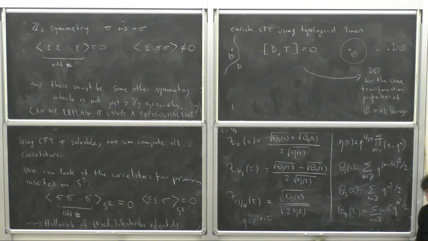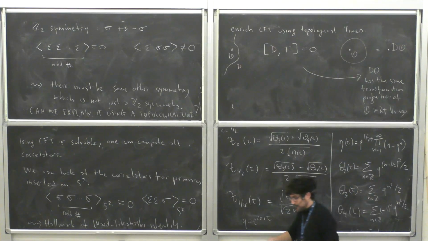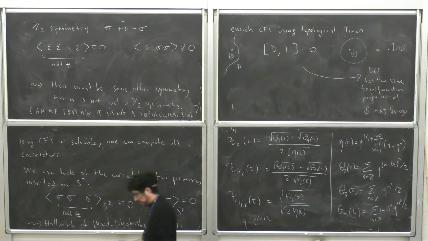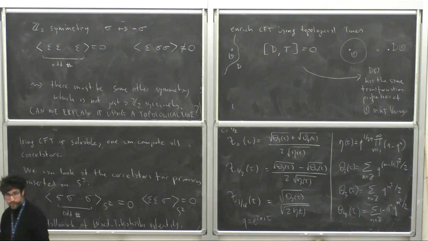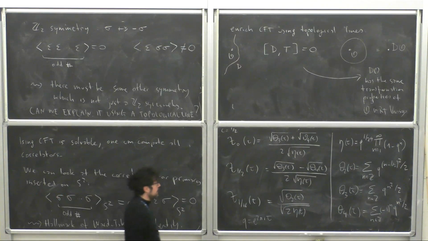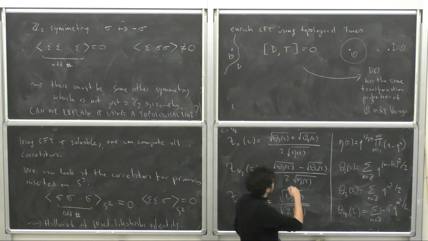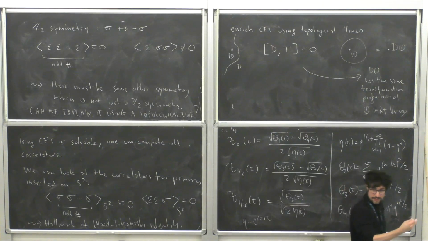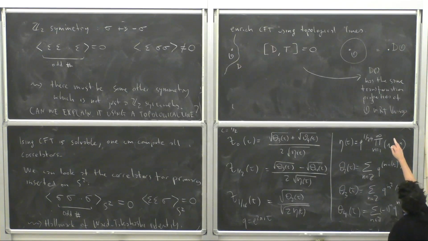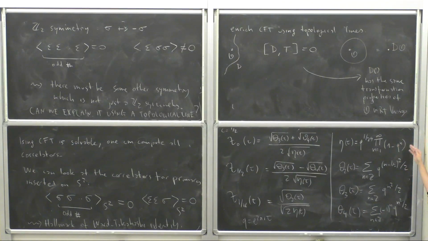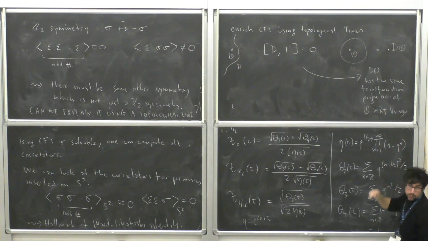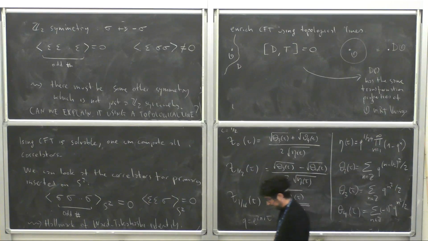Remember that the Virasoro symmetry is essentially obtained from a mode expansion of the stress energy. And so the fact that the topological line defect commutes with T implies that the operator D of O will have the same quantum numbers with respect to the Virasoro symmetry as the operator O we begin with.